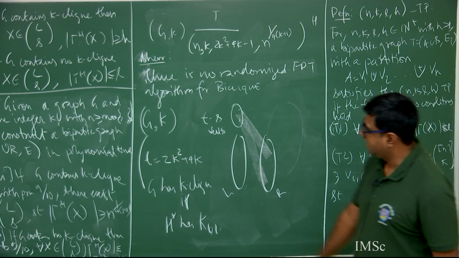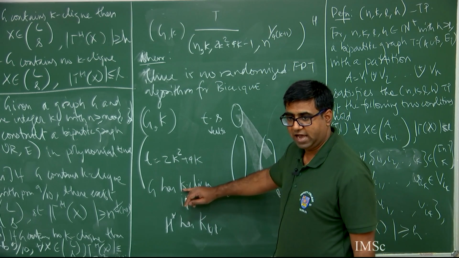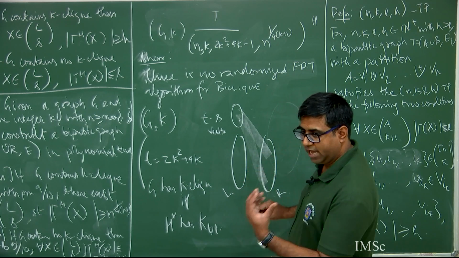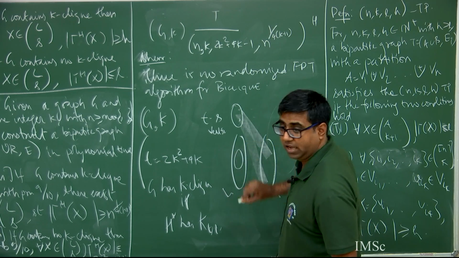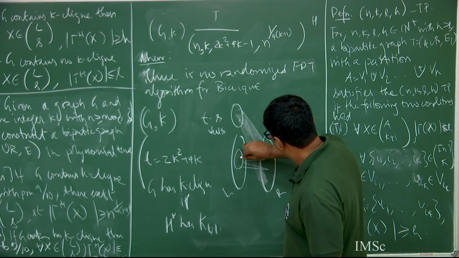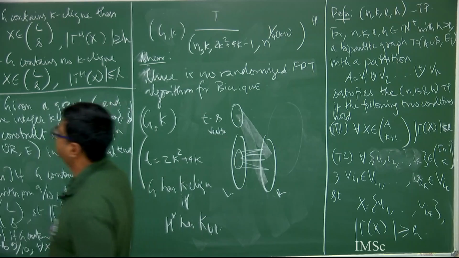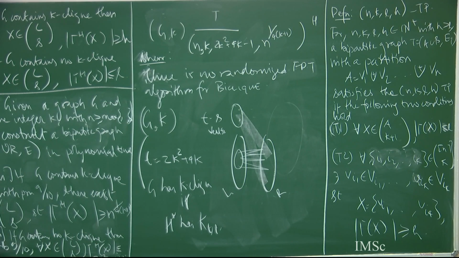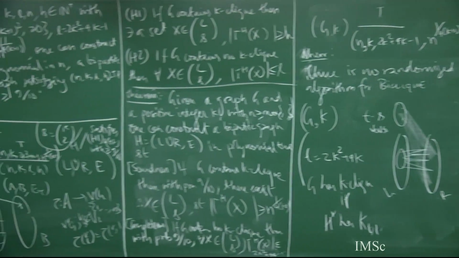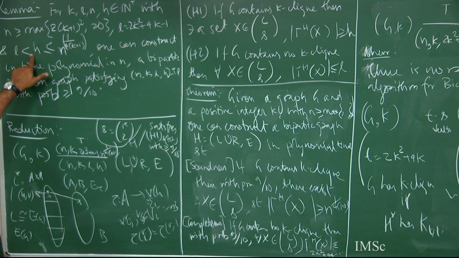So now if G has a k clique, then I know that I have a size s object in L with a certain amount of neighbors, as many neighbors as high, but high is at least L plus 1.